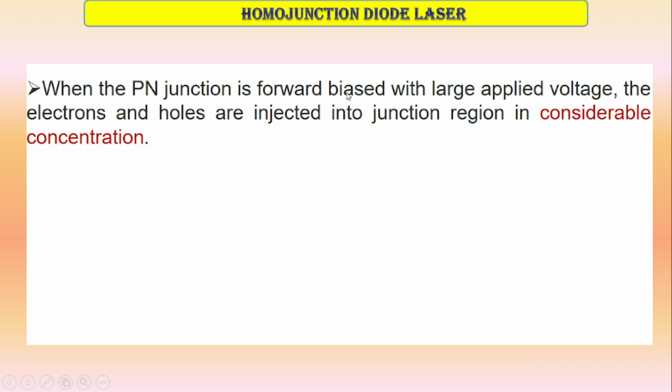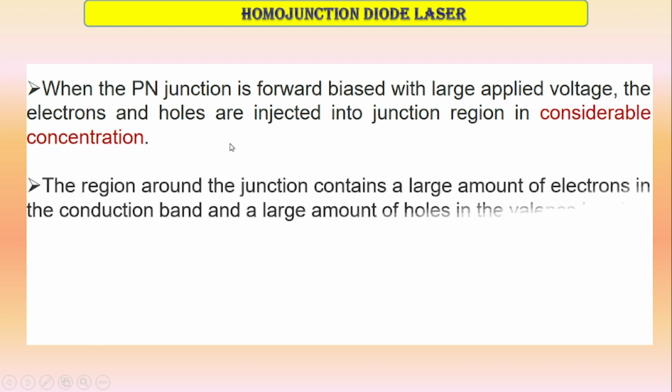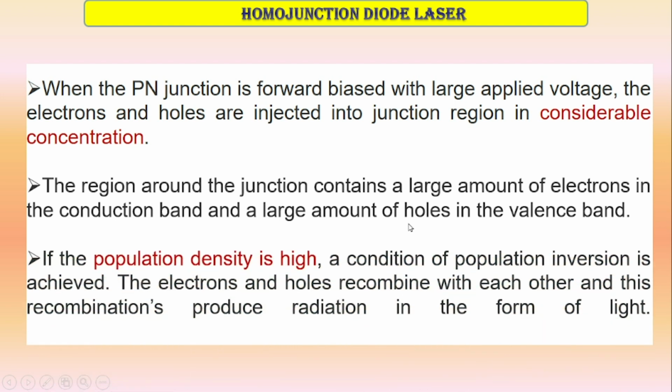When the PN junction is forward biased with a large applied voltage, the electrons and holes are injected into the junction region in considerable concentration. The region around the junction contains a large amount of electrons in the conduction band and a large amount of holes in the valence band. If the population density is high, a condition of population inversion is achieved.